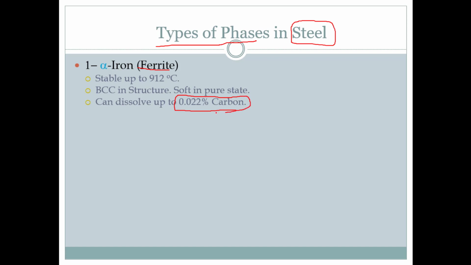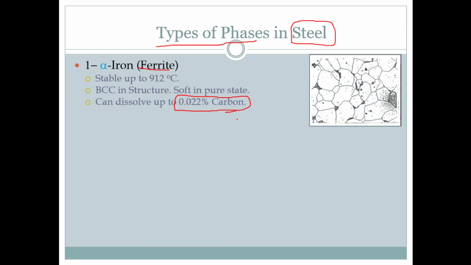It has 0.022% of carbon, which is a very low percentage. Okay, and this is the phase diagram. This is what we can see under the optical microscope. Okay, you can see here the grains, and the dark or black lines represent the grain boundaries.